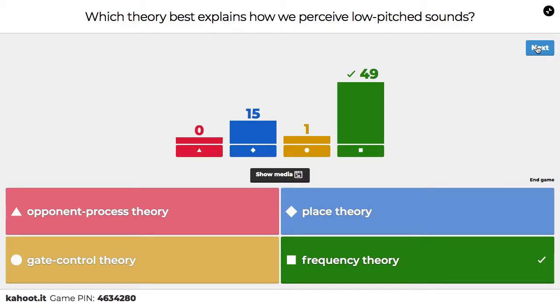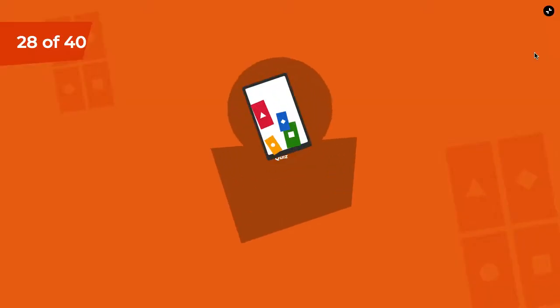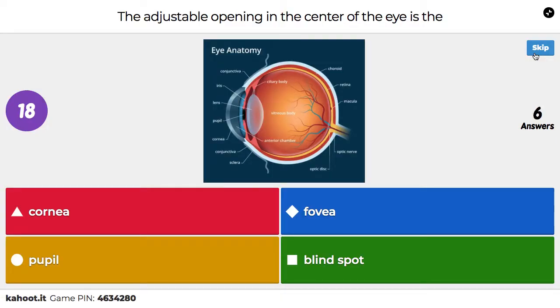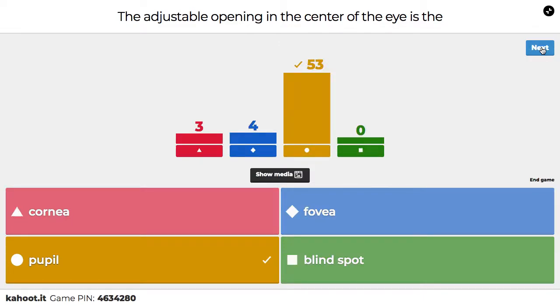Frequency theory, low frequency. Ten seconds for this one. Okay, the pupil is the adjustable opening.